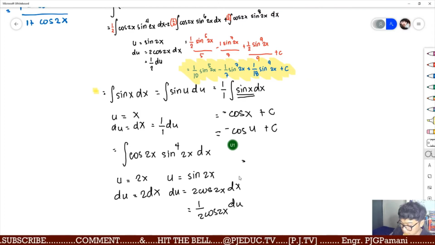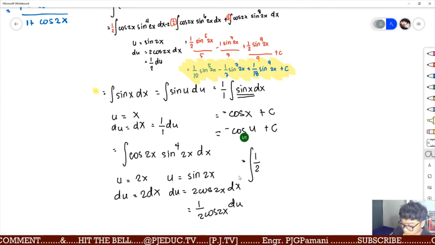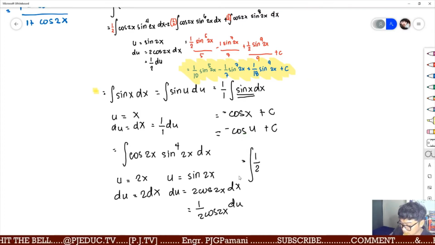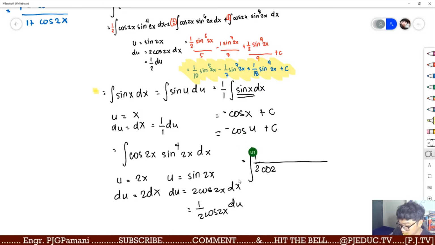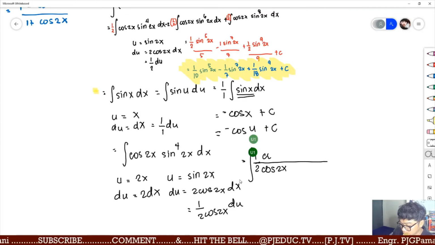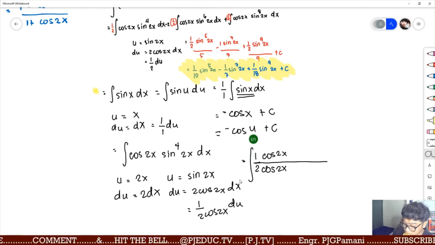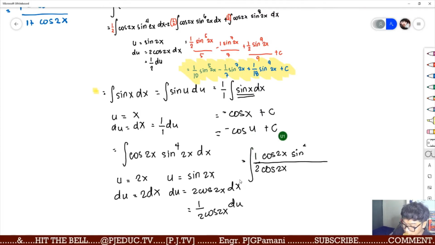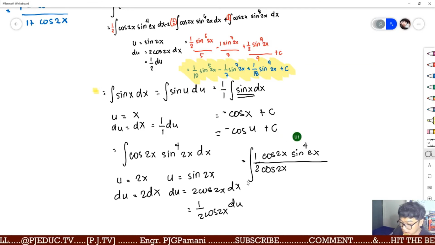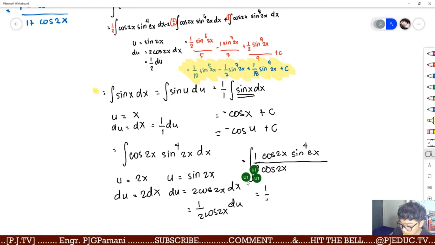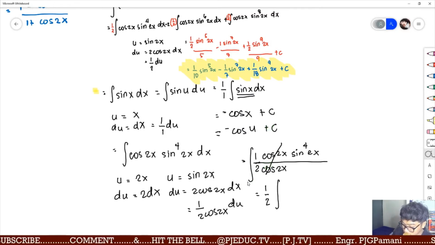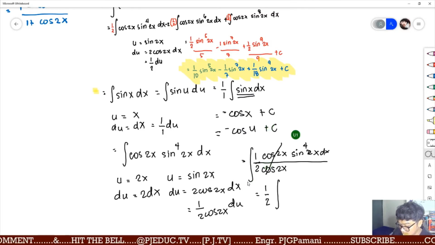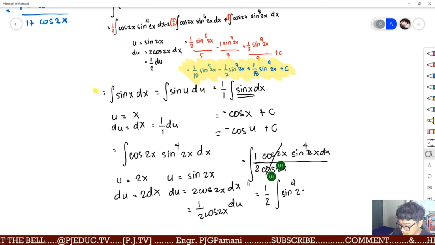Meron tayong 1/2 cosine 2x of cosine 2x sine 4 2x. Constant si 1/2. Ilabas natin siya. Cancel. Sine 4 2x dx.